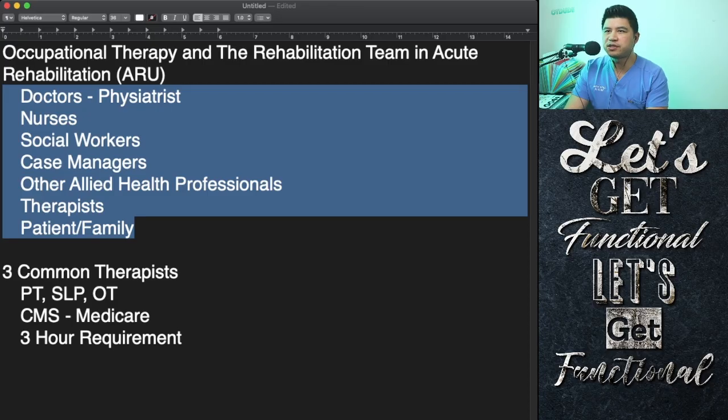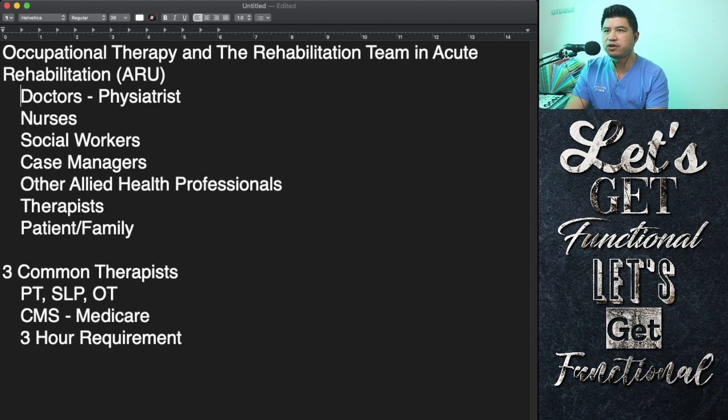And I want to talk about the team that's involved in ARU, where I work primarily. So here on the screen, you'll see some examples of who's involved on the ARU team. By the way, this is not an all-inclusive list, but some examples that I thought of that come to mind for most common professions that work in the ARU. At the top, you'll commonly think of the doctor, and a physiatrist is someone who specializes in rehabilitation compared to other doctors, say hospitalists or other specialists, say oncology.